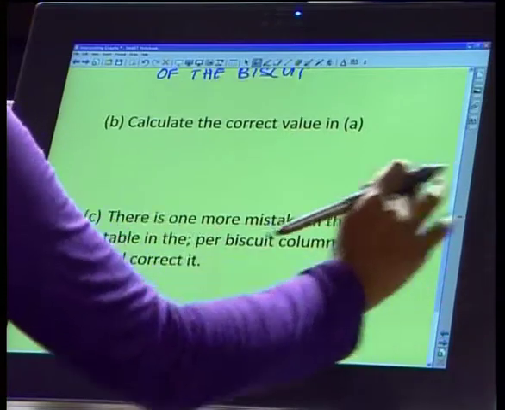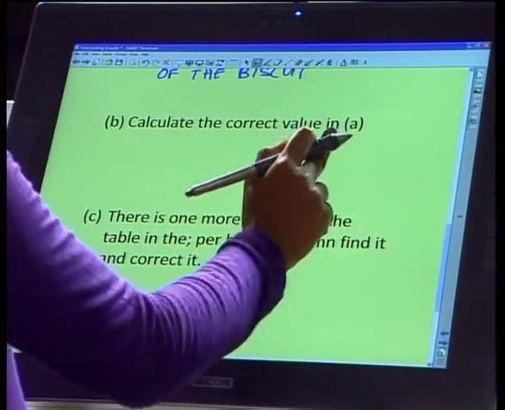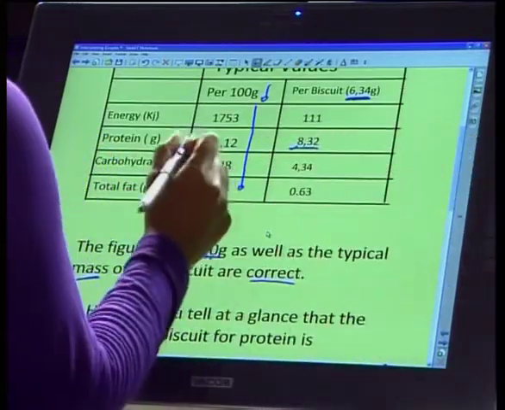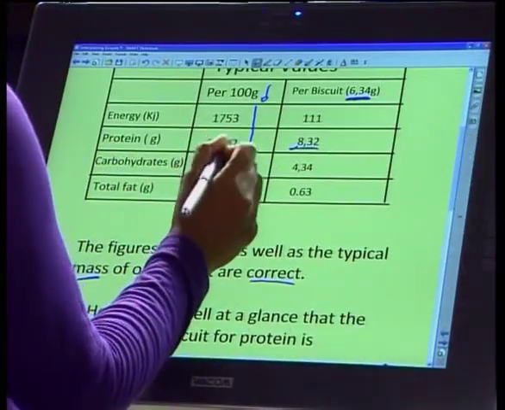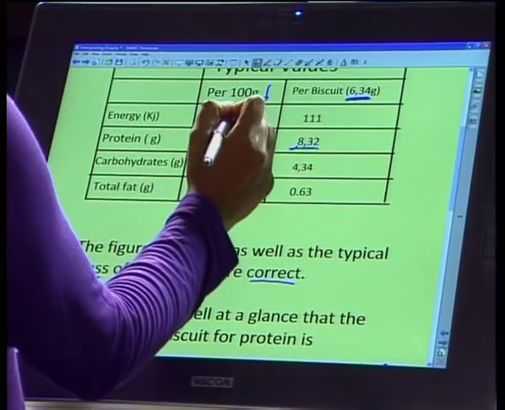Now, part B would like us to calculate the correct value. So remember, what we know for a fact is that there's 13,12 grams of protein per 100 gram.